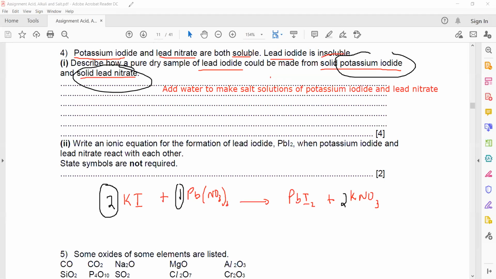So if I add 10 cm cube of potassium iodide, how much lead nitrate should I take? I should take half of that, because the ratio is 2:1. So take 5 cm cube of lead nitrate.